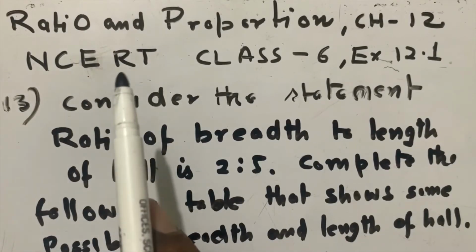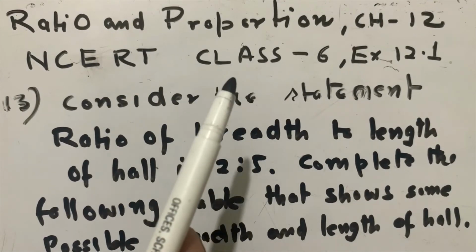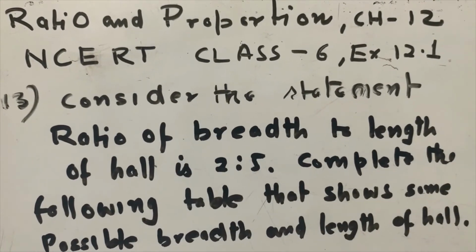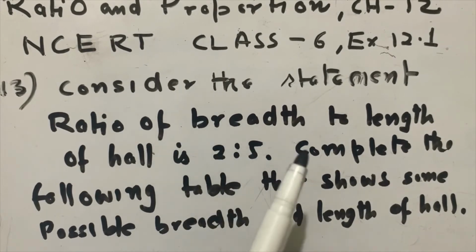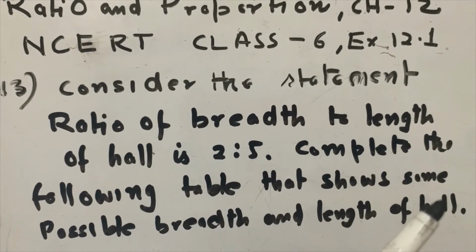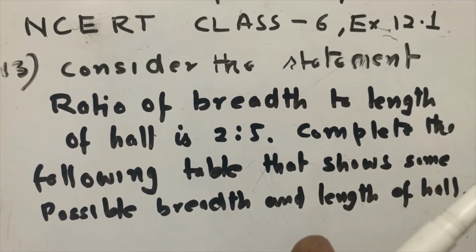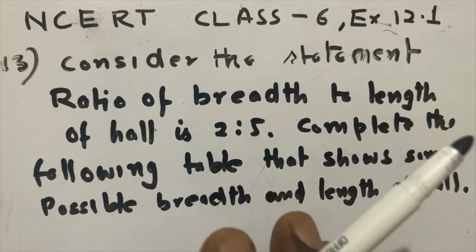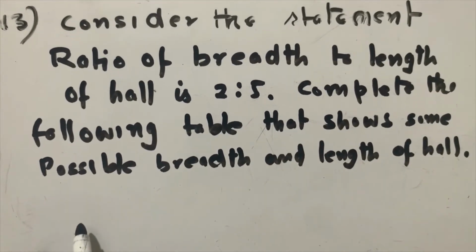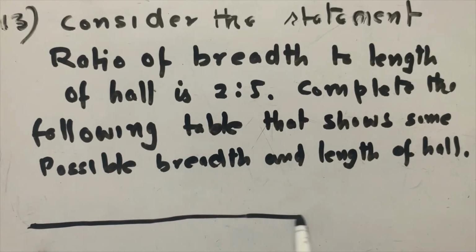Question number 12 is given, ratio and proportion, chapter 12, class 6, exercise 12.1. Question number 13 is given: consider the statement, ratio of the breadth to the length of the hall is 2:5. Complete the following table that shows some possible breadth and length of the hall. Now this table is given.